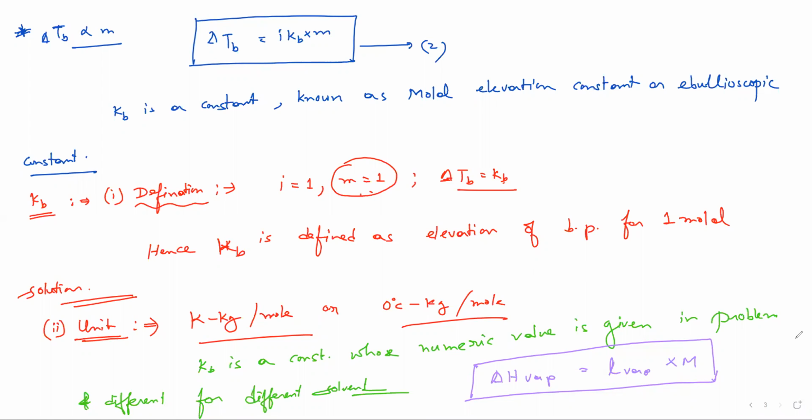Now, third point, the formula of Kb. Kb equals R into Tb naught whole square, molar mass of solvent, over 1000 into ΔHvap.